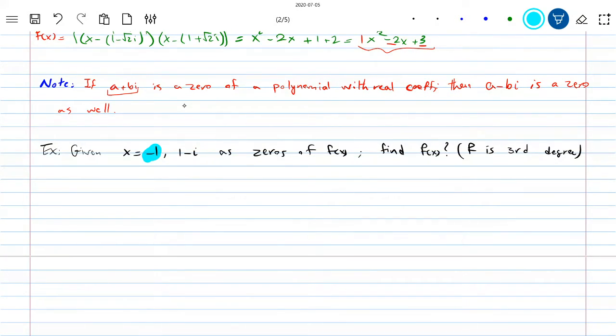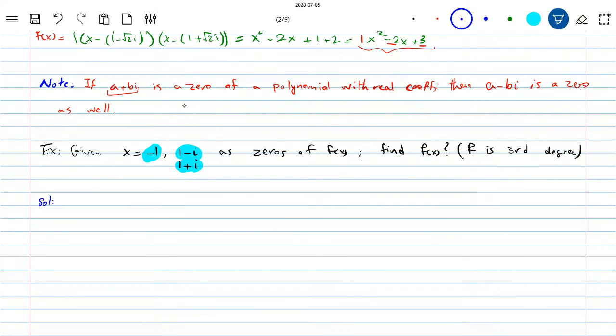Just by giving these two and knowing that one of the solutions is an imaginary number, a complex number, I can say the conjugate of that, which is 1 plus i, is a zero as well. So now I have 3 zeros. One is -1, the other one is 1 minus i, and finally I will have 1 plus i. So giving one complex solution basically means you have 2 solutions.